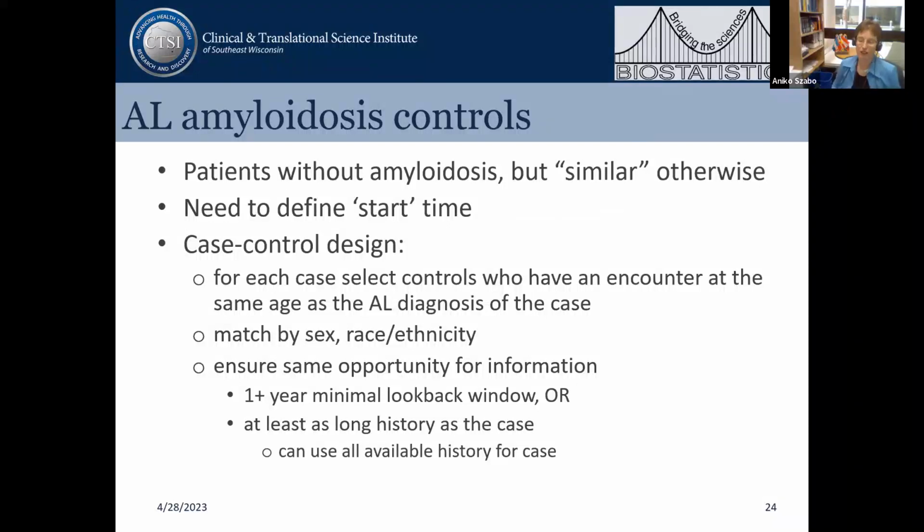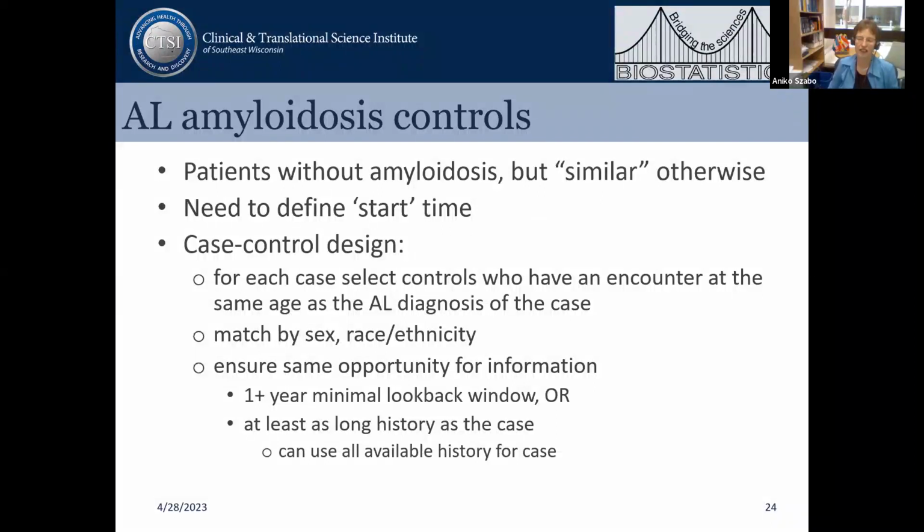Then you have to ensure that they actually have the same opportunity for information as the case, because we are going to be looking at characteristics like diabetes, comorbidities and other precursor conditions. So we could say that they also have to have at least 1 year of information look back window, the time between the earliest encounter and the encounter that we decide is the index encounter.